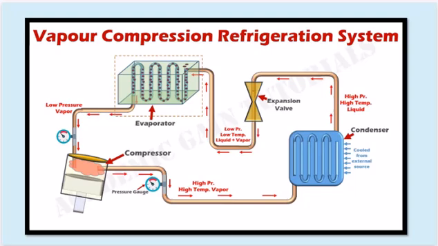Compressor: increases the pressure of the low-pressure vapor, raising its temperature. Condenser: releases heat to the external environment, condensing the vapor into a high-pressure liquid. Expansion valve: reduces the pressure of the high-pressure liquid, causing it to expand and become a low-pressure mixture. The cycle repeats, efficiently transferring heat and cooling the space.